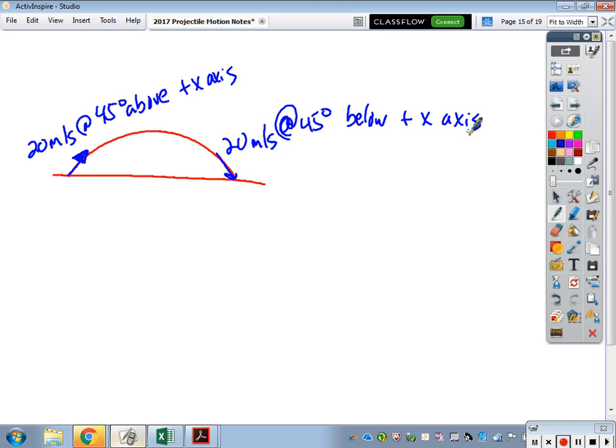We can assess the angle with respect to a positive or negative x-axis, but we can't just leave the direction as positive or negative because it's two-dimensional. Does that answer the question? It's actually easy because it's the same thing. We just change where the angle is measured from. Really good question.